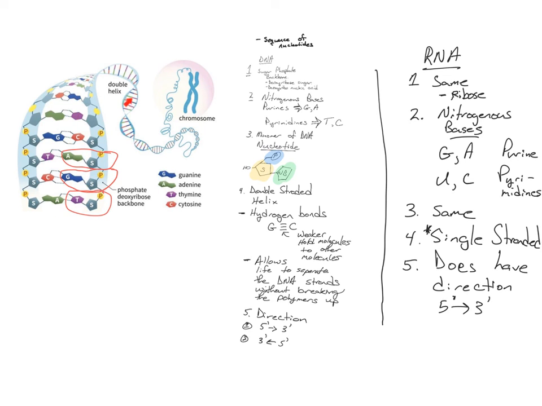The rungs are the two sides that are attracted to each other and hold this polymer to this polymer. The rungs are the nitrogenous bases, which in DNA are G, A, T and C, and in RNA are G, A, U and C. Remembering that in RNA you have a U, where in DNA you have a T.